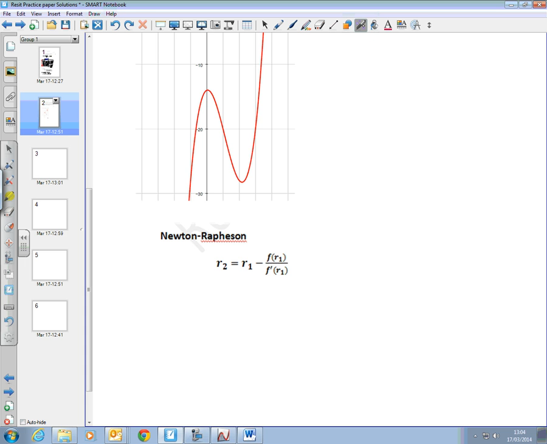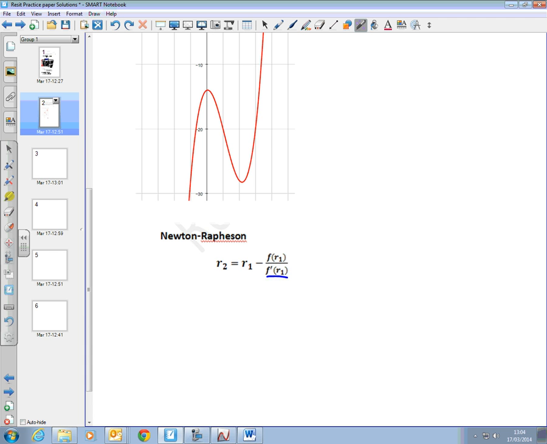that to find a new root we need an answer, so we guess an answer, and then we subtract the value of the function at our guess, divided by f prime, which stands for the first derivative at our guess.